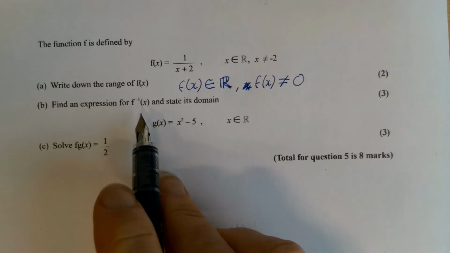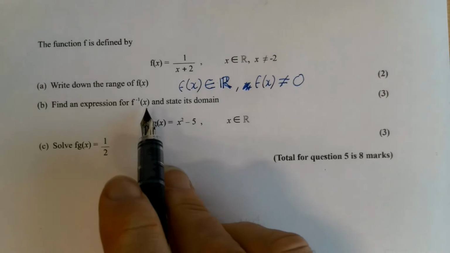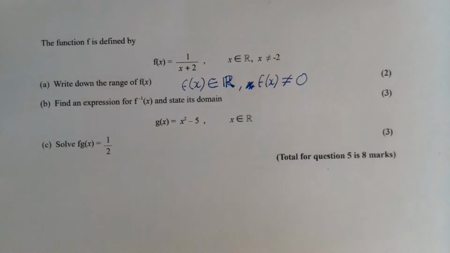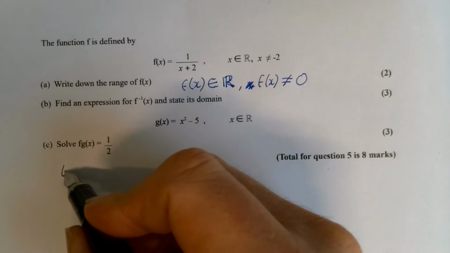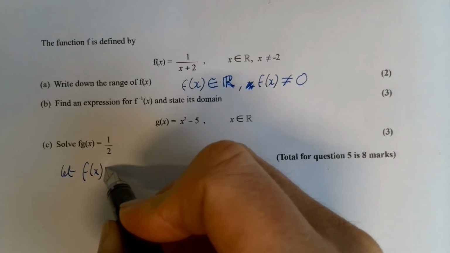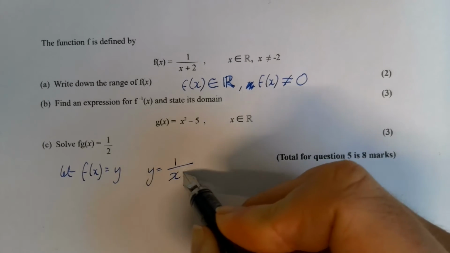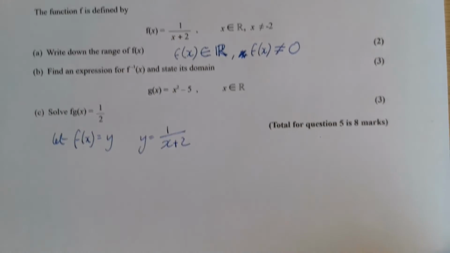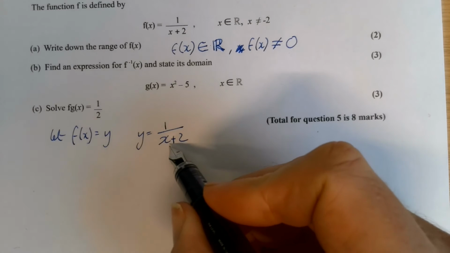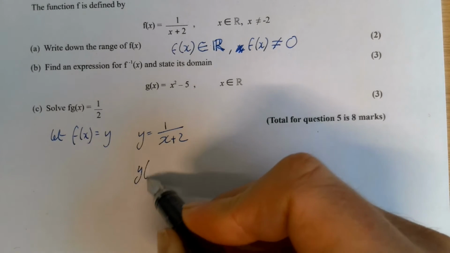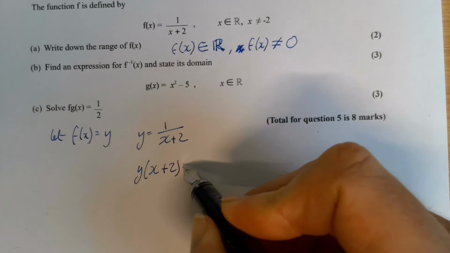Right, have a little look at part B. Find an expression for the inverse function and state its domain. So we did this yesterday. This is where we say let f of x equal y. So we can say y equals 1 over x plus 2, and then we're just rearranging to make x the subject of the formula. So that's going to give us y times x plus 2.